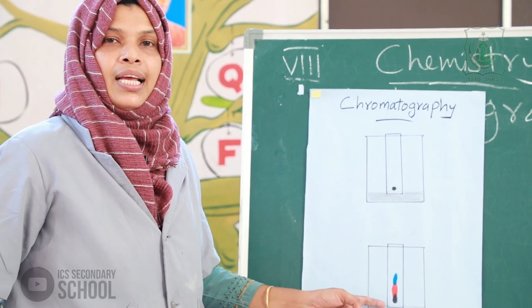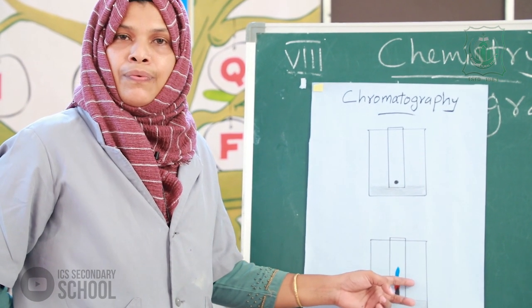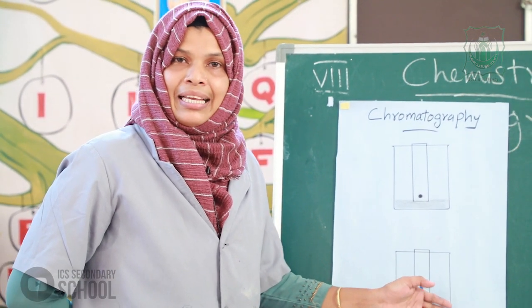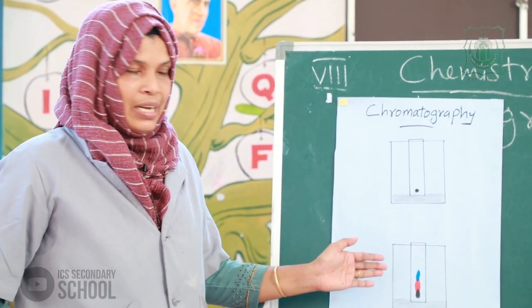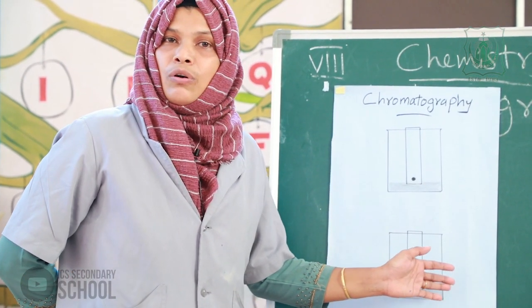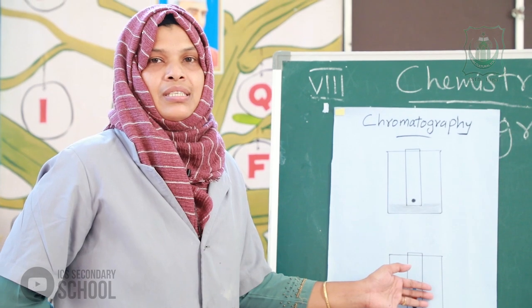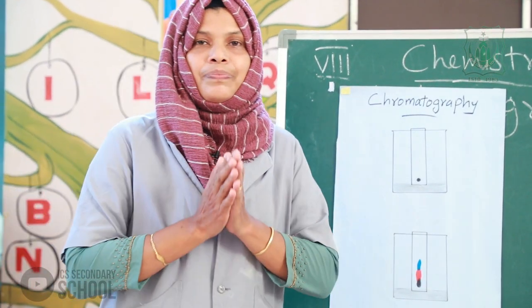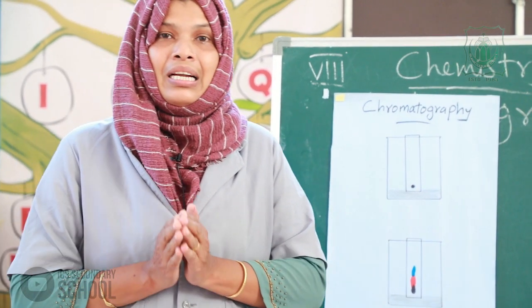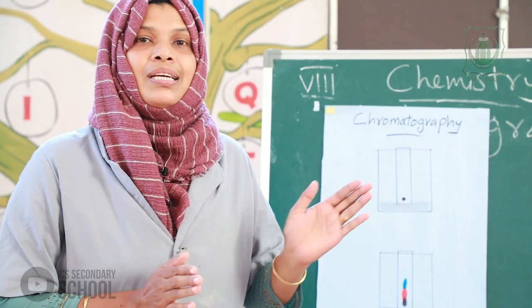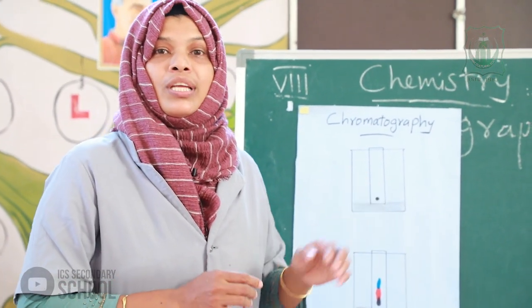Ink or dye is a mixture, formed by combining two or more colored substances. This is the method for separation of colored substances from their mixture, and this method is known as chromatography.